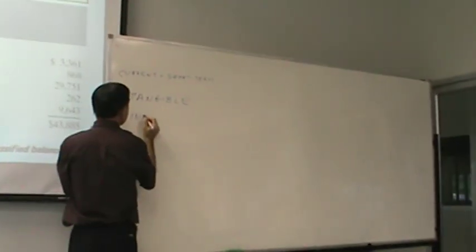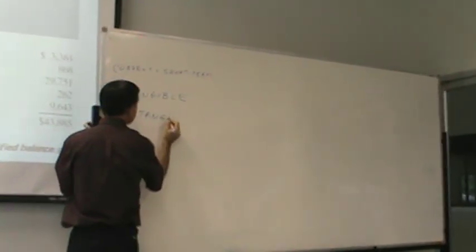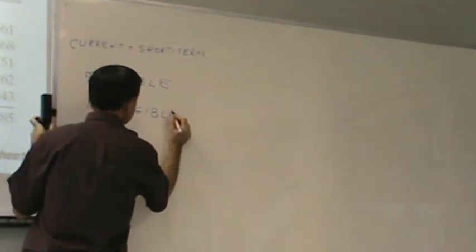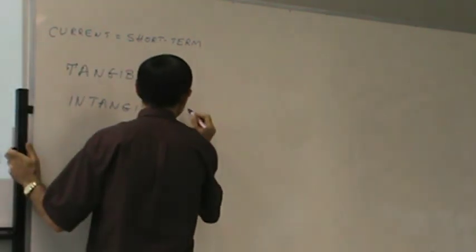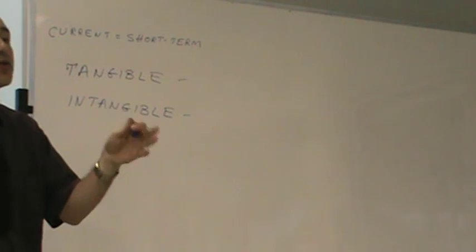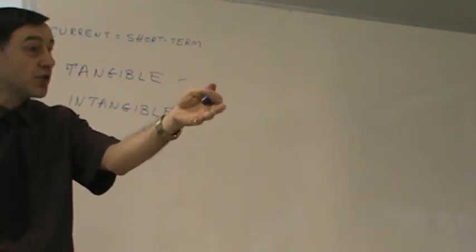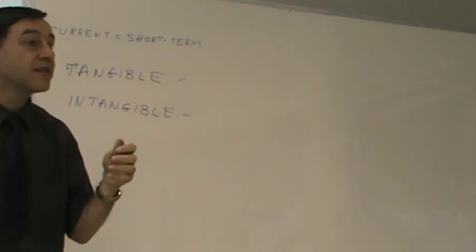Tangible means you can touch, you can feel. Keyboard, table, camera, shirt. These are tangible. You can touch. So try to translate first intangible or tangible. Translate.